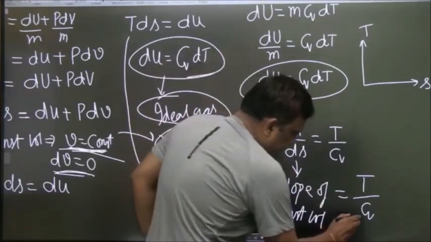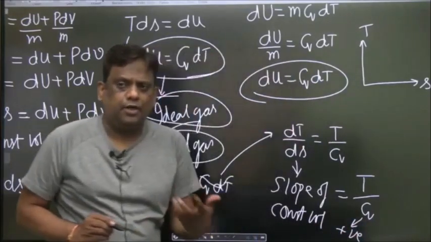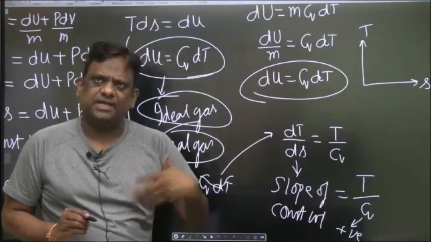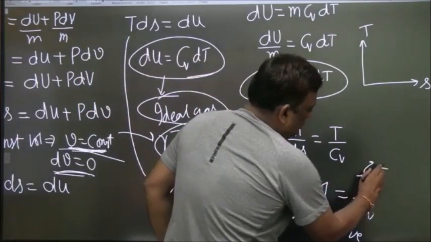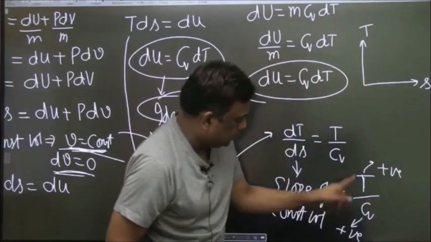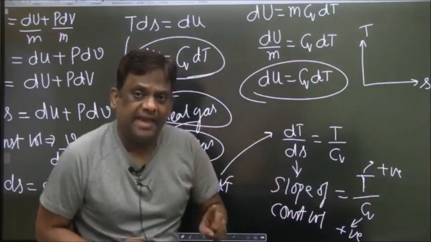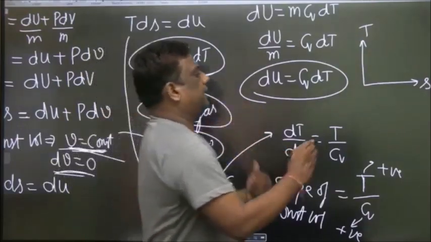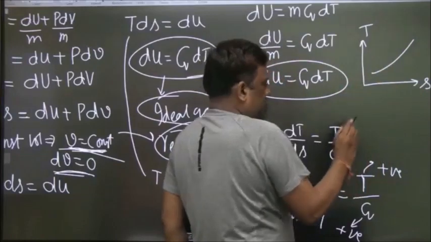Everyone knows Cv is always positive. Already explained, only the polytropic specific heat can be negative. Other specific heats are positive. And capital T, Kelvin temperature, is always positive. So positive by positive is positive. That means constant volume lines on the Ts diagram have positive slopes. If you are plotting, you get something like this. What do you mean by positive slope?